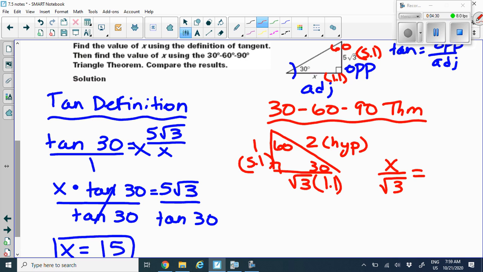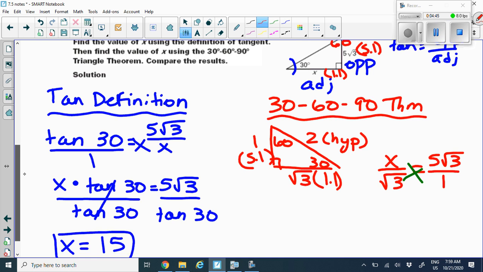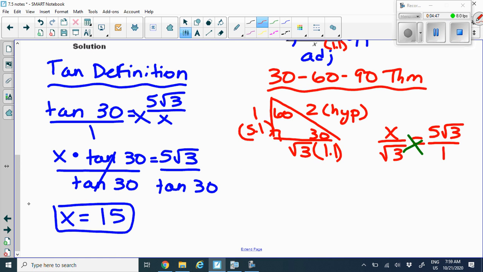Now, the only other value we have on the side, don't use the angles, is the 5 square root of 3. That's our short leg. And then on our general triangle, the short leg is 1. So now I cross multiply. And so I get x equals 5 square root of 3 times square root of 3.